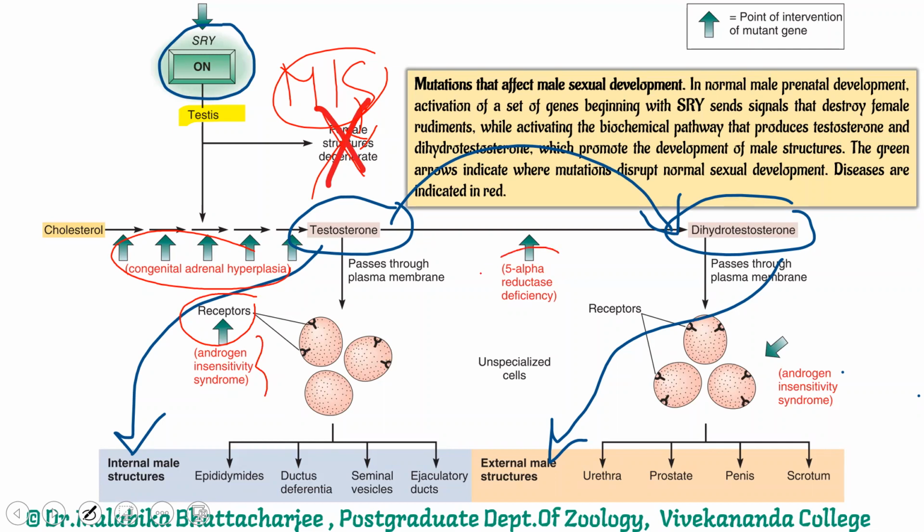If the pathway for conversion of testosterone to dihydrotestosterone is malfunctioning, then this symptom develops: 5-alpha reductase deficiency. And again, if there is malfunction in the receptors, then it is androgen insensitivity syndrome.